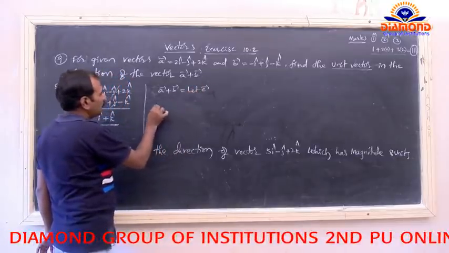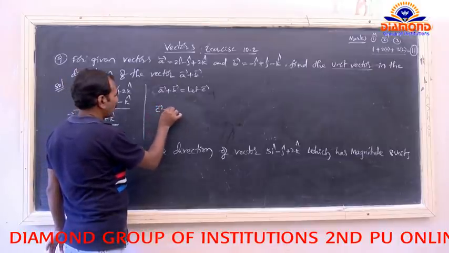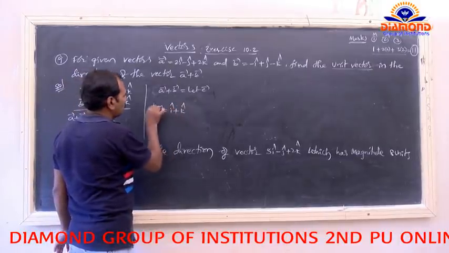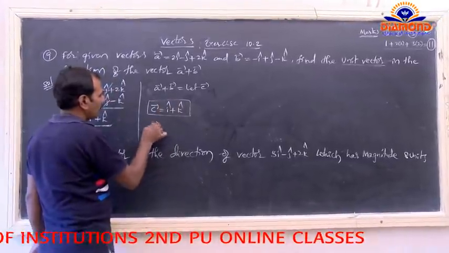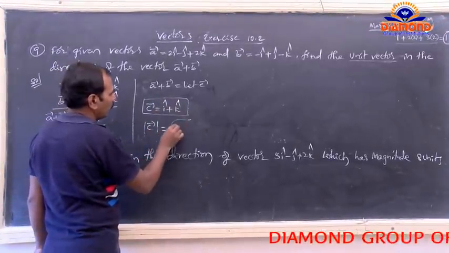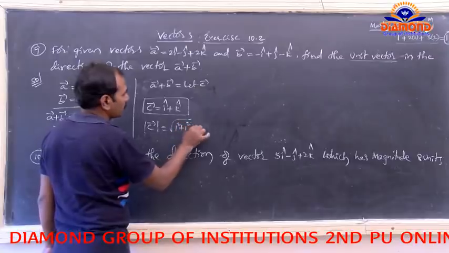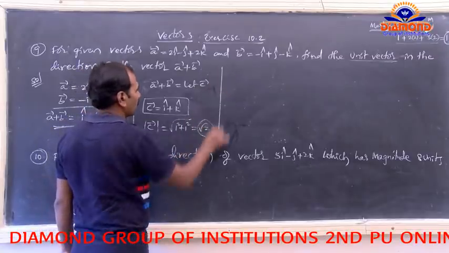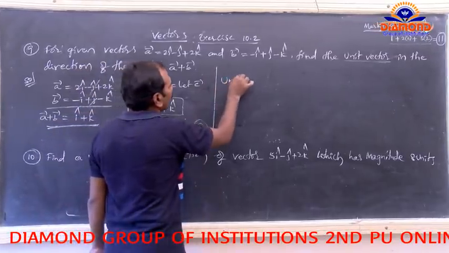So C vector equal to i cap plus k cap. C magnitude is under root of 1 square plus 1 square, equal to root 2. This is the C vector. So, unit vector.